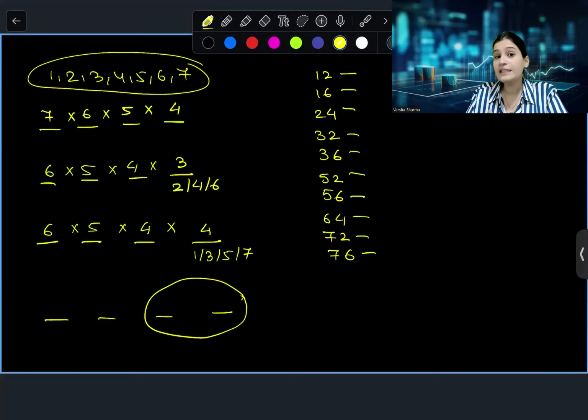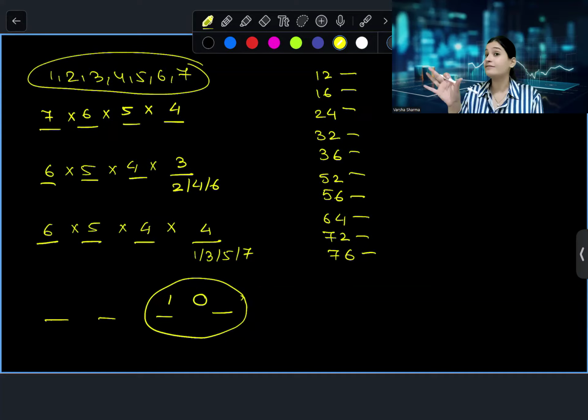I have in total 10 numbers, one of which has to sit in the last 2 places. Either my last 2 places are filled by 12, or by 16, or by 24, and so on. So the last 2 places can be filled in 10 ways together.